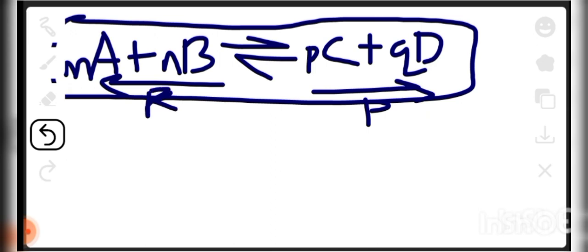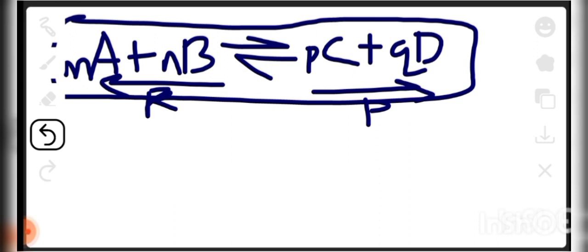Remember that. Arithmetic product means multiplication. When you multiply something, that is the meaning of the arithmetic product of the terms in the product. Which terms are in the product? The C and the D. P and Q are just the numbers of moles of C and D.